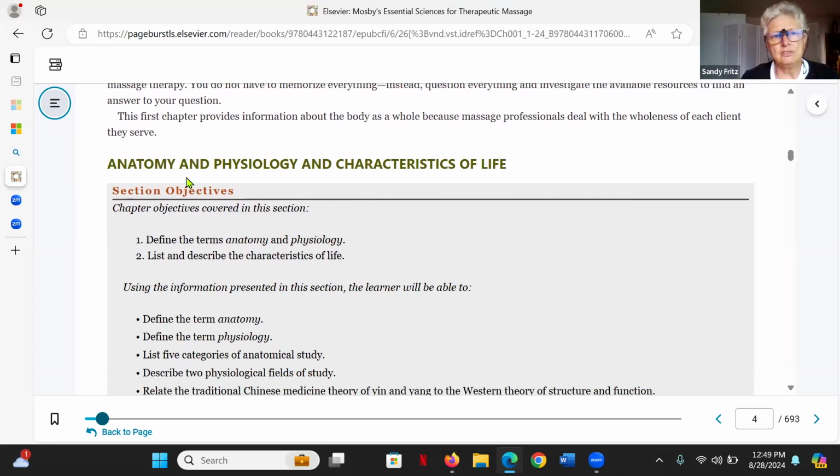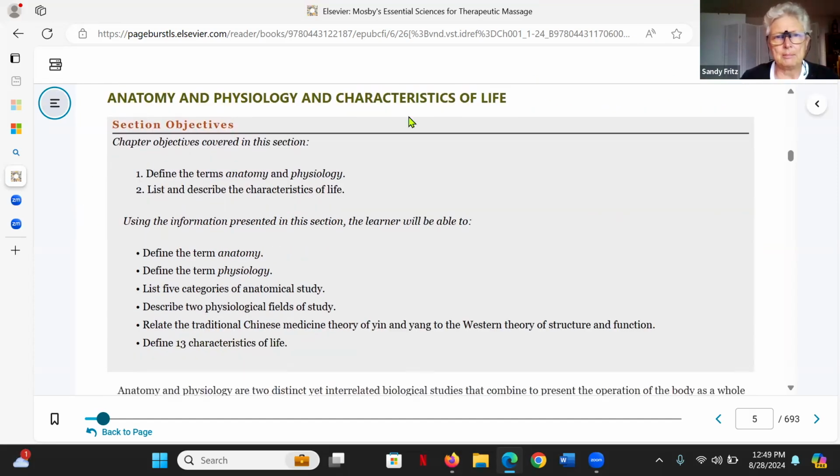So understanding overall anatomy and physiology and characteristics of life give us a platform of terminology and concept. So I already mentioned anatomy is the parts and physiology is the life functions.